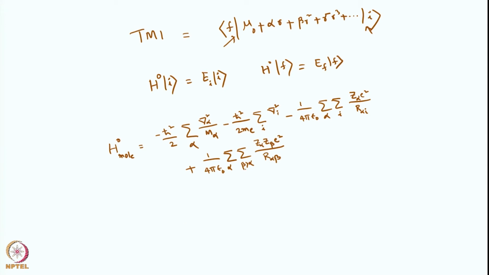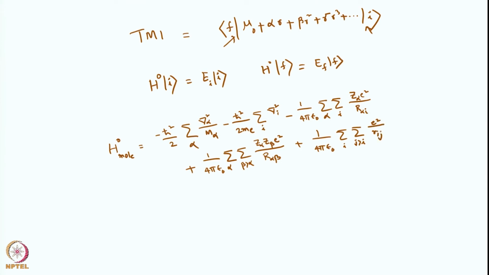And then you have to have only one: if nucleus 1 is repelling nucleus 2, it is the same as nucleus 2 repelling nucleus 1. So, to make sure that you do not repeat the terms, use this kind of notation, plus similarly with the electrons, 1 over 4 pi epsilon naught sum over i sum over j greater than i e square by r i j.